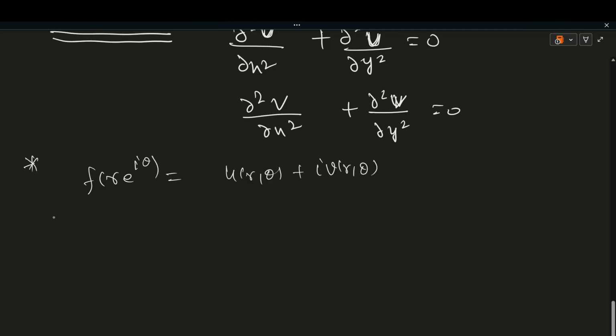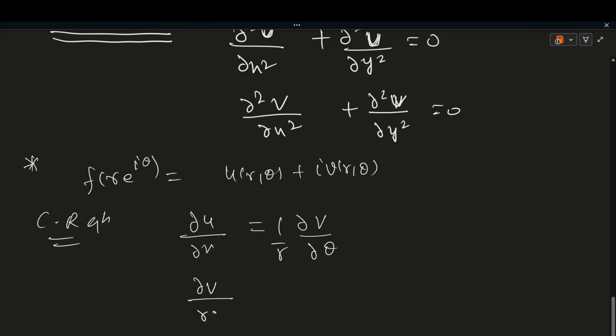So applying the CR equation, what does the equation say? del u by del r is equal to 1 by r del v by del theta, and del v by del r is equal to minus 1 by r del u by del theta.